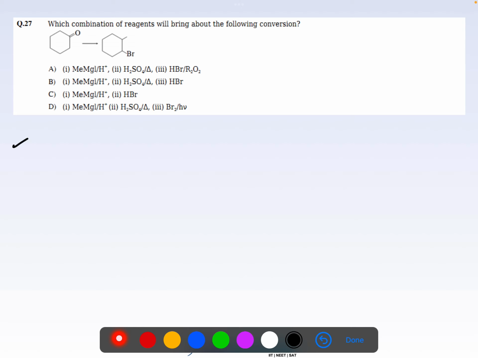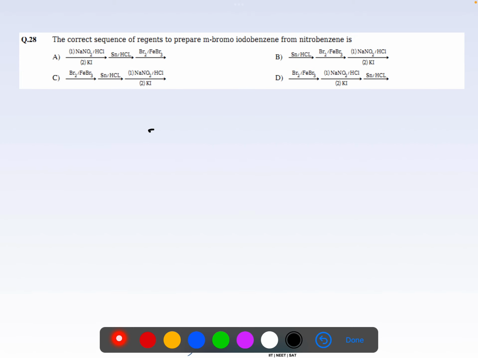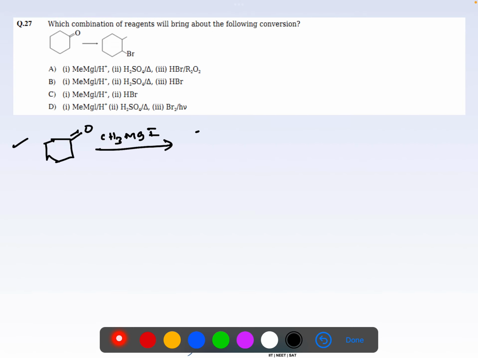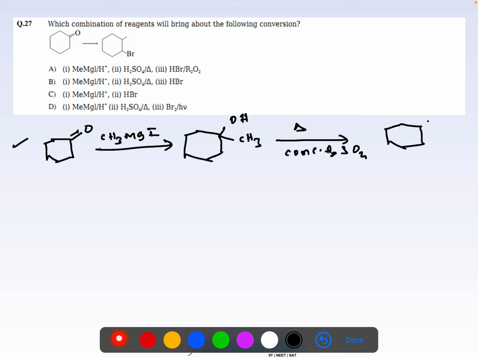In this reaction, the first ketone is treated with methyl magnesium iodide, CH3MgI, and this is a nucleophilic addition reaction, and we will be getting a tertiary alcohol. And this alcohol, when heated with concentrated H2SO4, will undergo dehydration reaction to get an alkene.